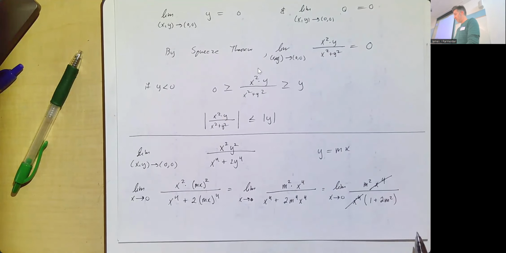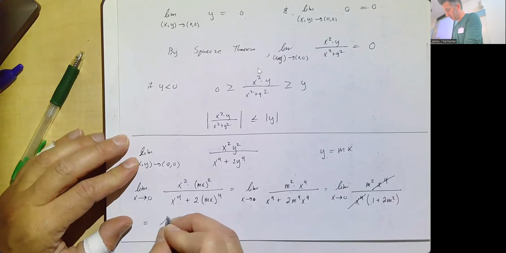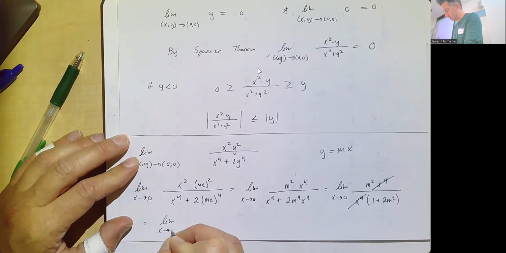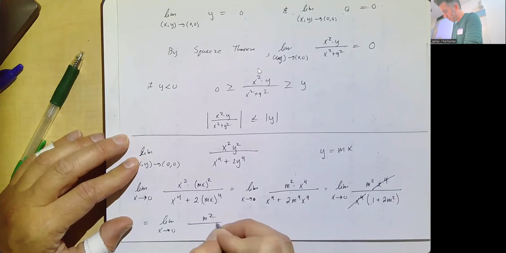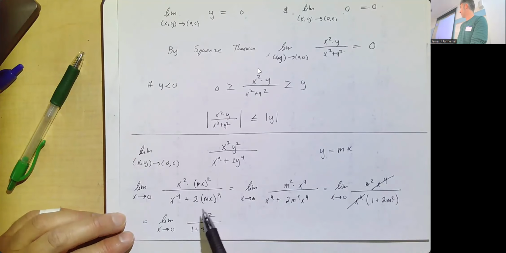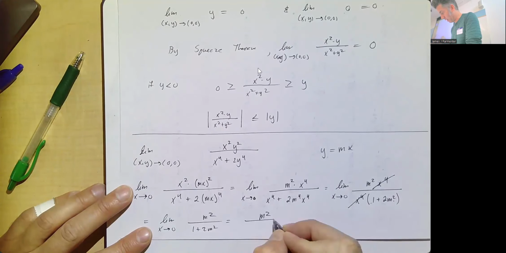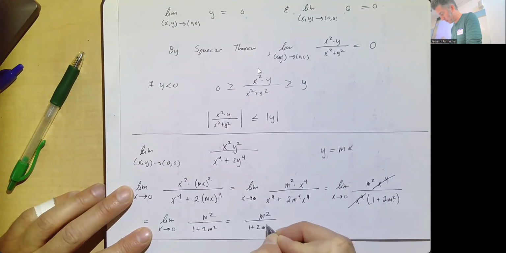In other examples, you might have another x left over here, and then that x goes to 0, or you might have an x here, that part goes to 0. But here we're going to get that this is equal to the limit as x approaches 0 of m squared over 1 plus 2m squared. And since there are no x's left to plug in for, that's the limit of a constant as far as x is concerned. And we just get m squared divided by 1 plus 2m squared.